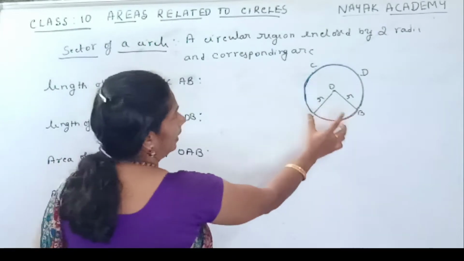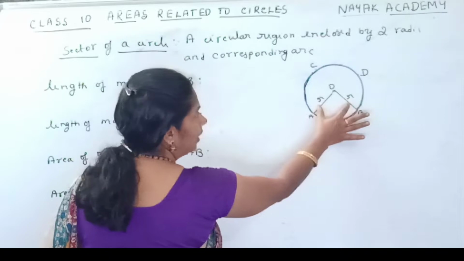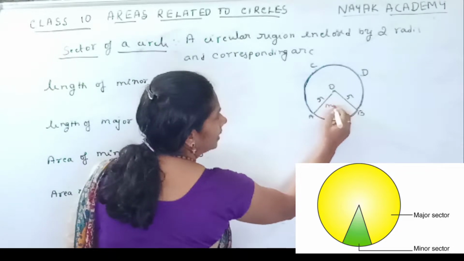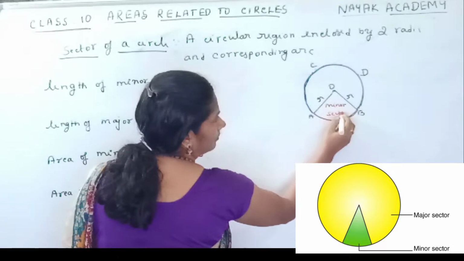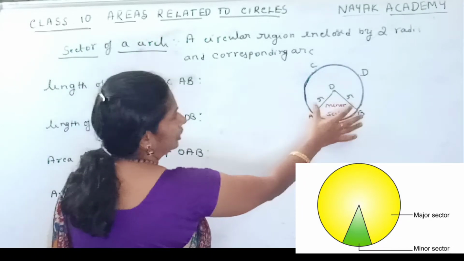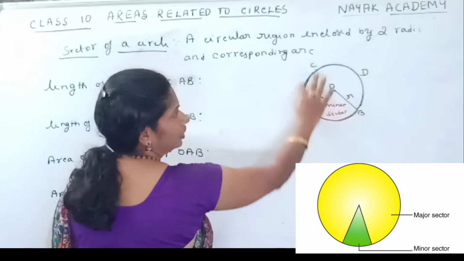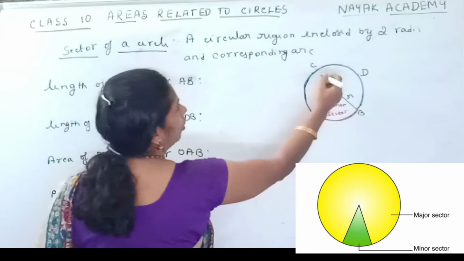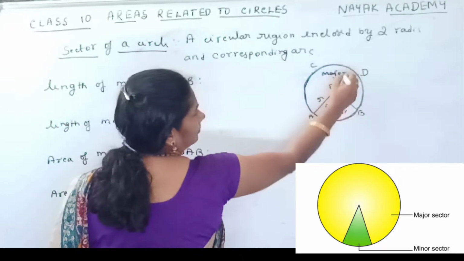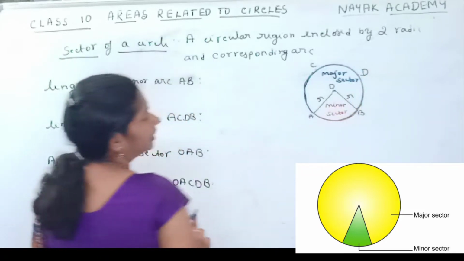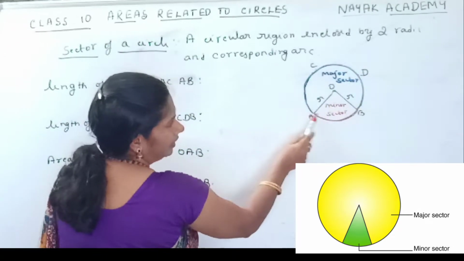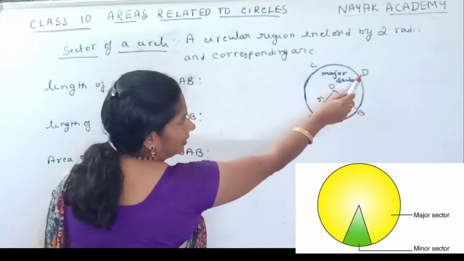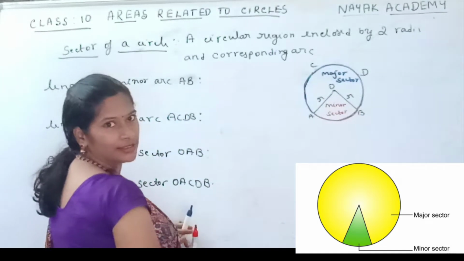Now a circular region enclosed by 2 radii and the minor arc is called the minor sector, and a circular region enclosed by two radii and the major arc is called the major sector. Now OAB is the minor sector. OACDB is called the major sector.